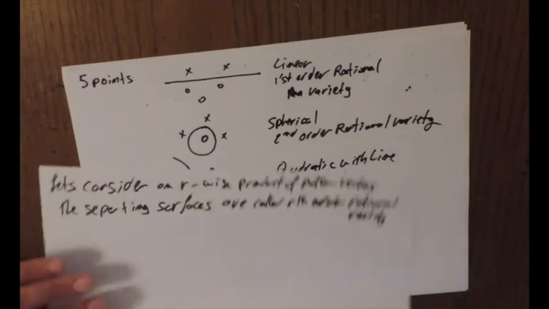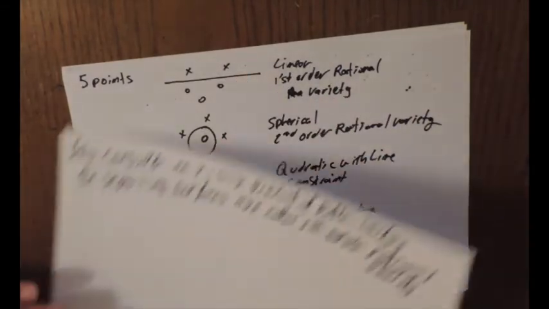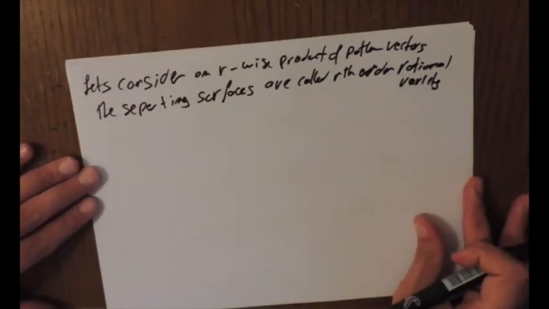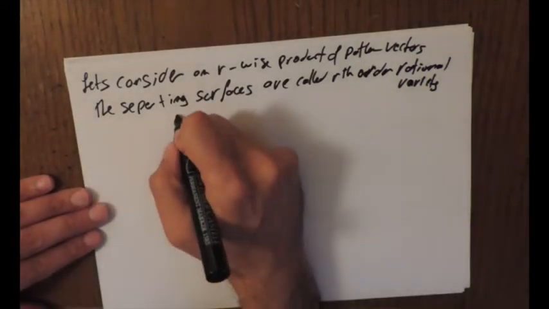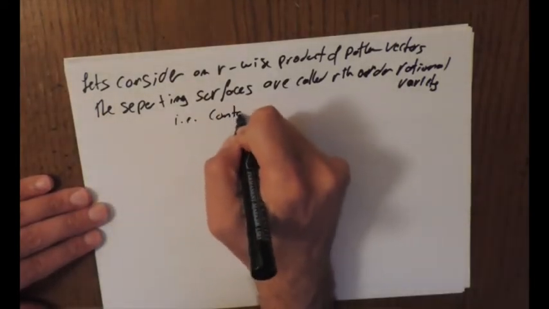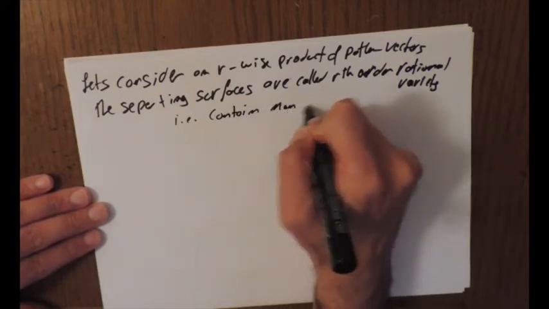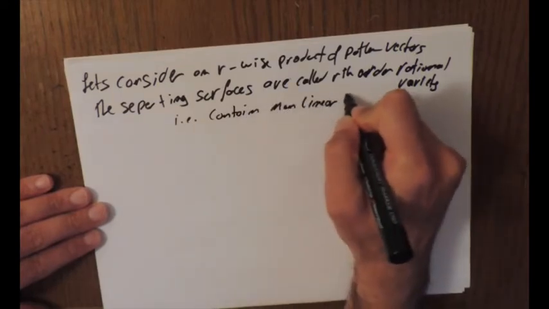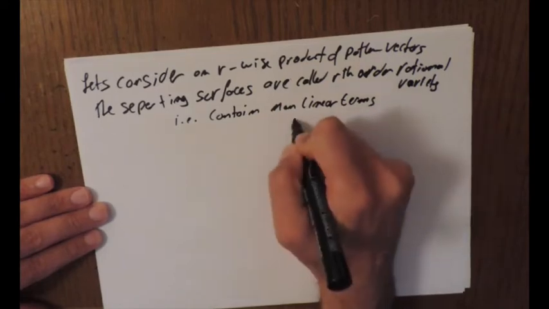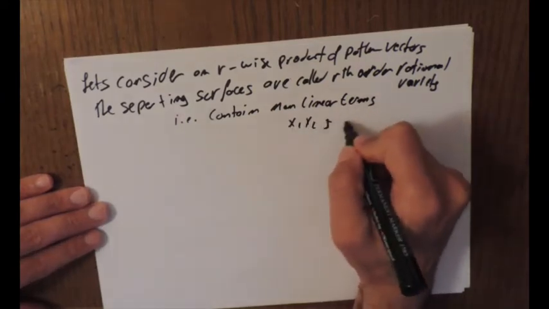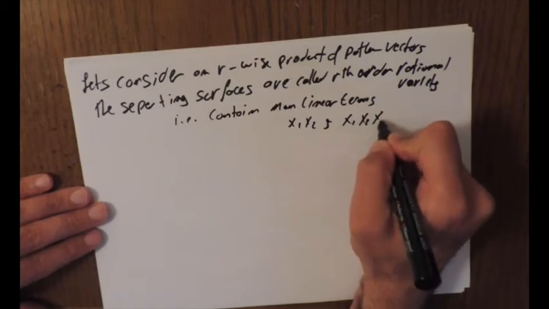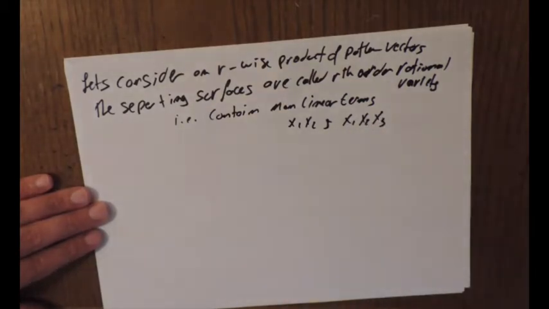What we mean by rth order rational variety is that they contain non-linear terms such as x1 x2, for example, or another x1 x2 x3. So they have multiple dimensions.